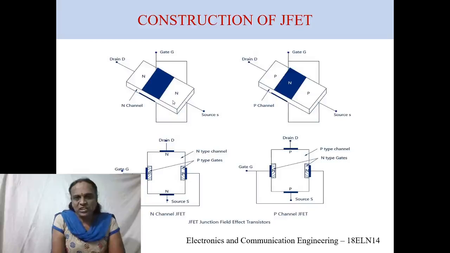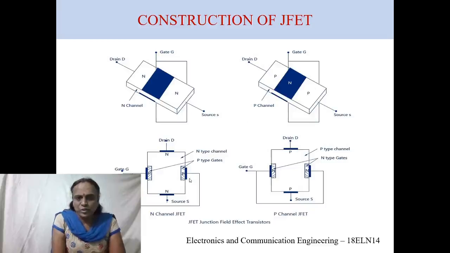This is for an N-channel JFET. Similarly, for a P-channel JFET, the ends are P and the terminals are drain and source respectively, whereas from the middle N layer we can pull out the gate terminal.